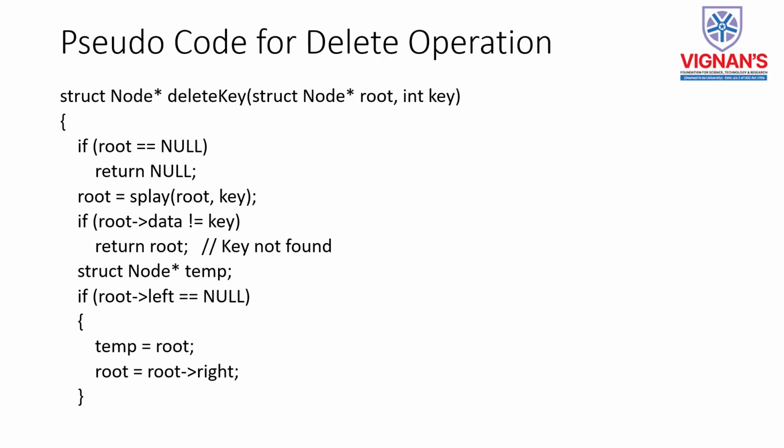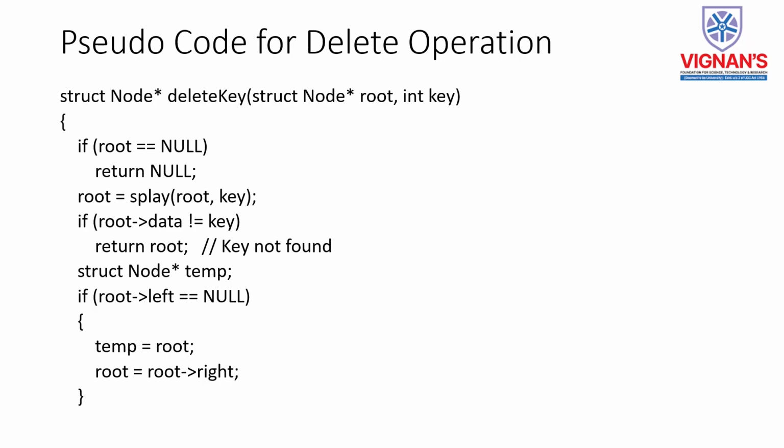Next we check if root left is null. That means there is no left subtree. Step 7. In that case, we store the current root in temp because this is the node to delete. Then we move the root to the right subtree by doing root = root right. So after this, the old root is removed and the right subtree becomes the new tree root.